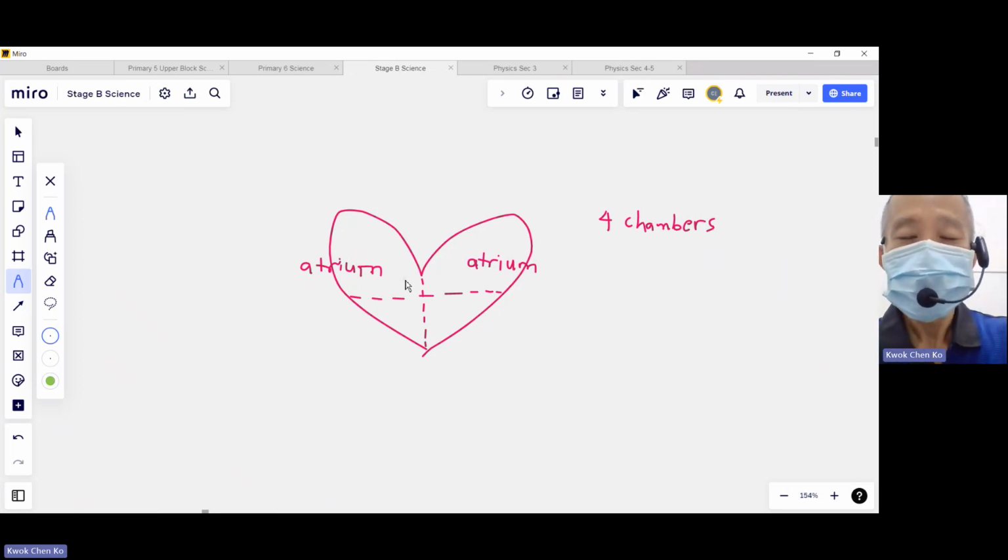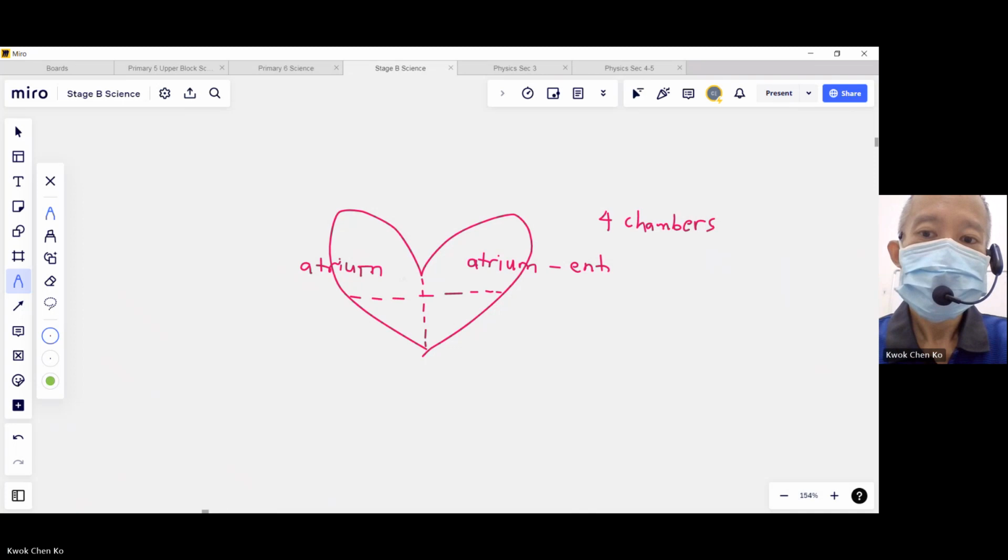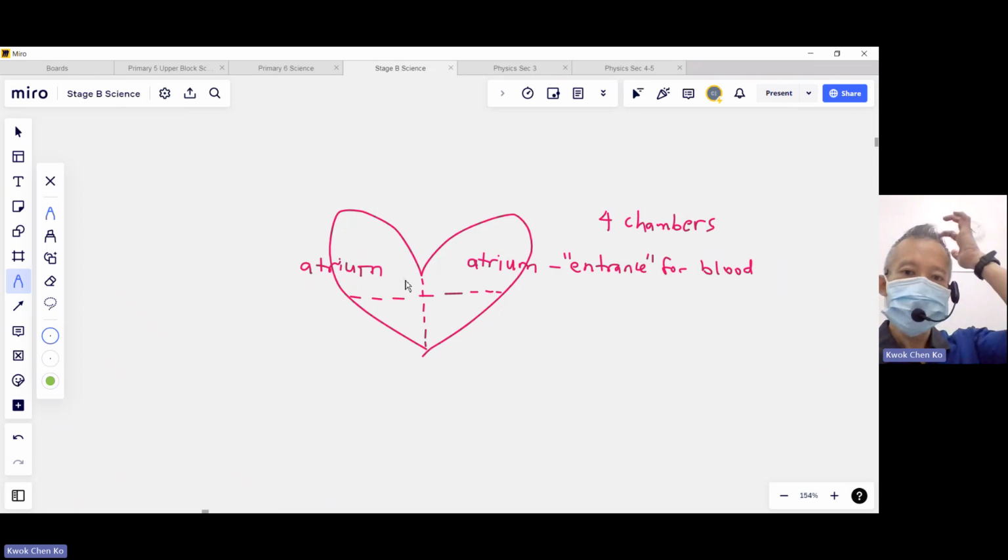They don't use the word entrance in biology, but atrium means entrance. Entrance for what? Entrance for blood, of course. I'll use the word entrance loosely. Now, the lower portion is called the ventricle.